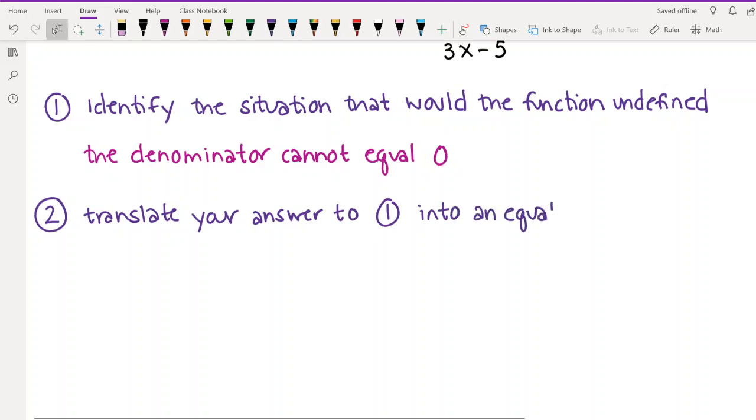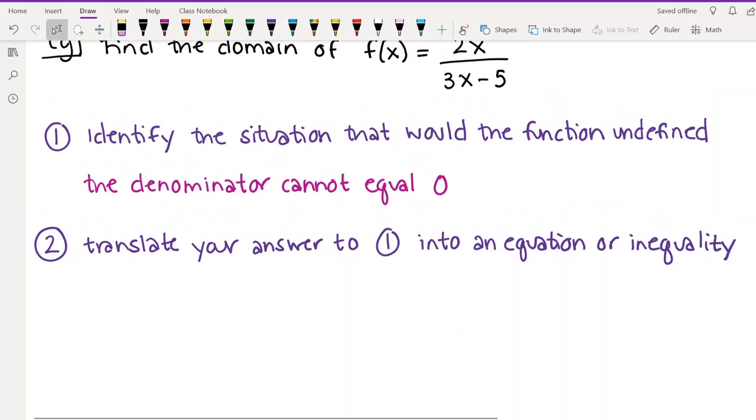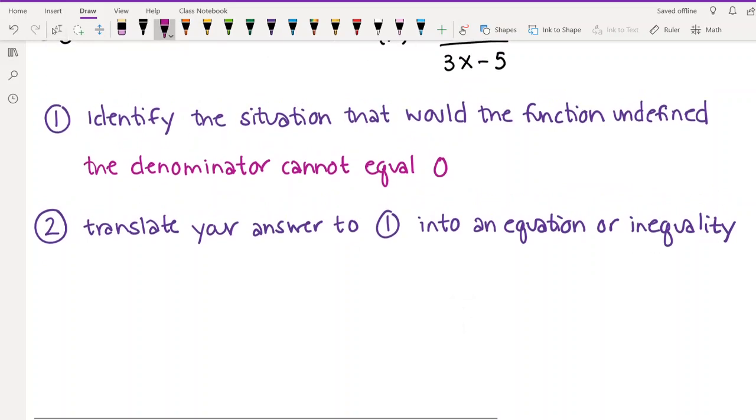So this one we'll see is going to be an equation, but we'll see some other examples where it will be an inequality. Okay, so in this case, we said the denominator cannot equal 0. So the denominator was 3x minus 5, right? So we can say 3x minus 5 cannot equal 0. And so then we can just solve this equation.